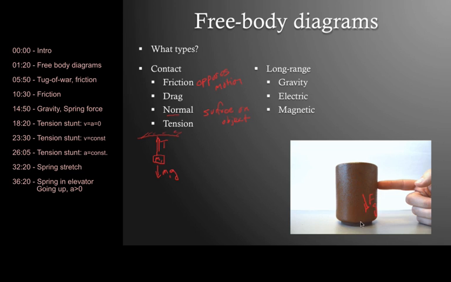But why isn't the cup accelerating down? We know that F equals ma, right? So if the sum of the forces on an object is not zero, then there should be some acceleration. Since this cup isn't accelerating, we know that there has to be another force in the up direction. This is my evidence for this normal force, which we're just going to call Fn.